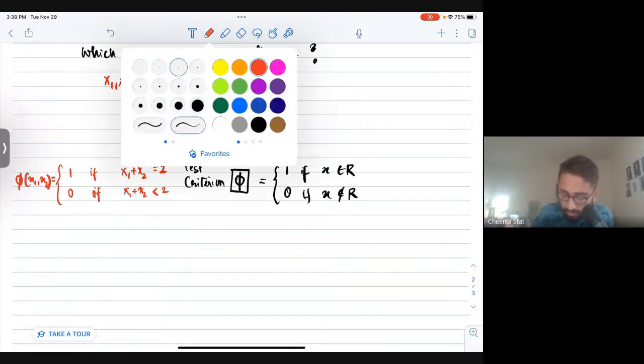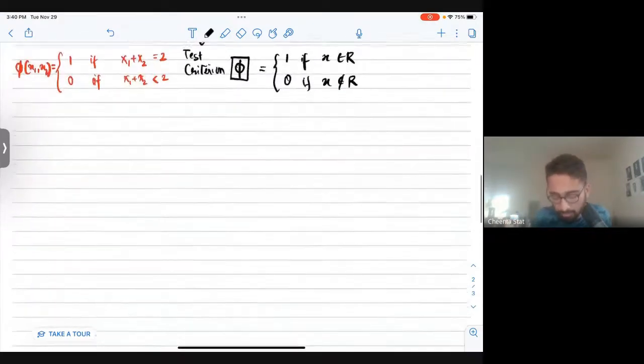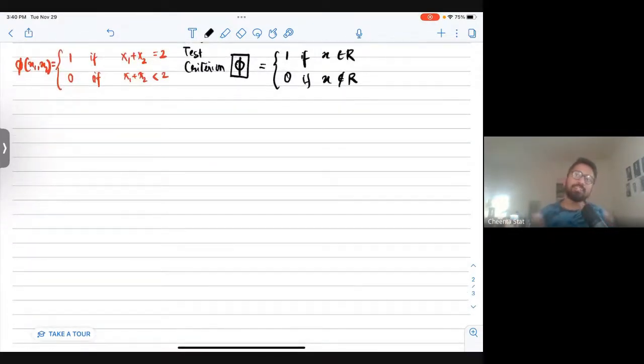The goal is to understand what is the best partition, what is the best test. When we keep on tossing, there are various different samples, various different ways it can happen. If you take p equal to half, and if you take p greater than half, you don't know the value, but say p is 3 by 4.